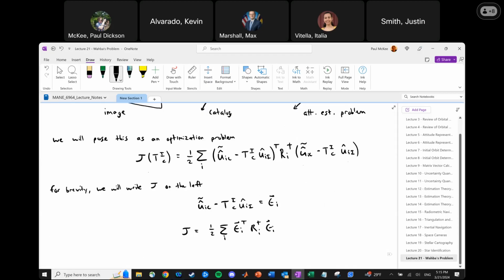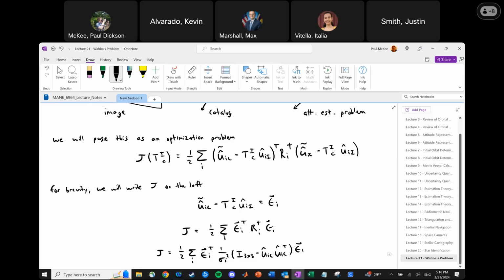So J is equal to 1/2 the sum over all I stars in the image of epsilon I transpose 1 over sigma I squared times the 3x3 identity minus UIC, the non-perturbed UIC direction, UIC transpose, and then epsilon I again.